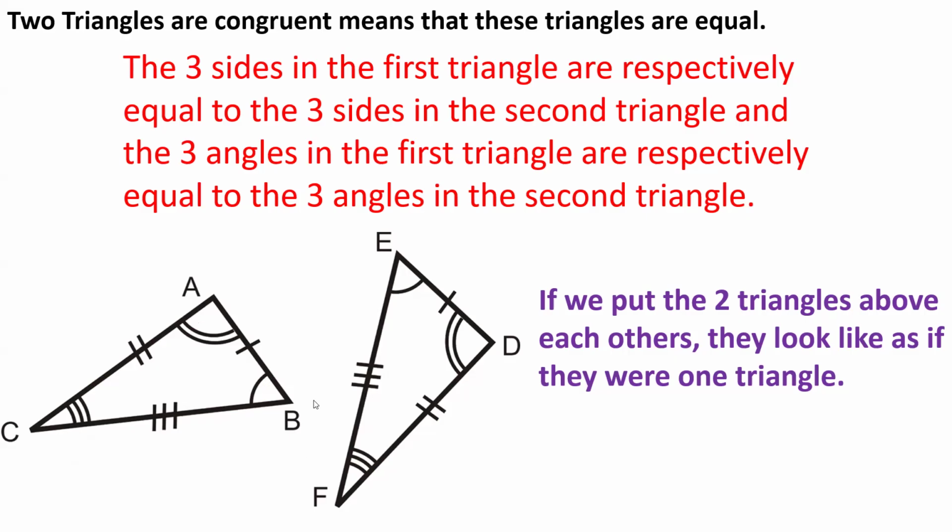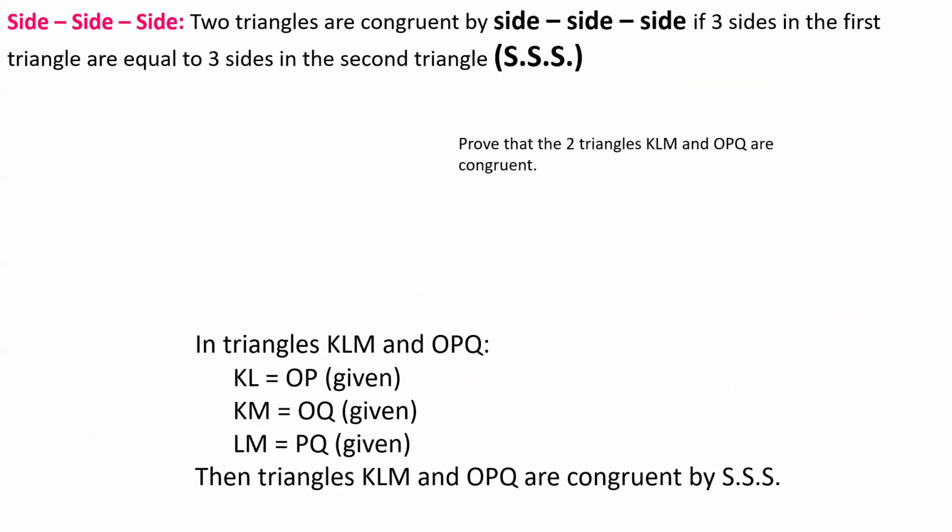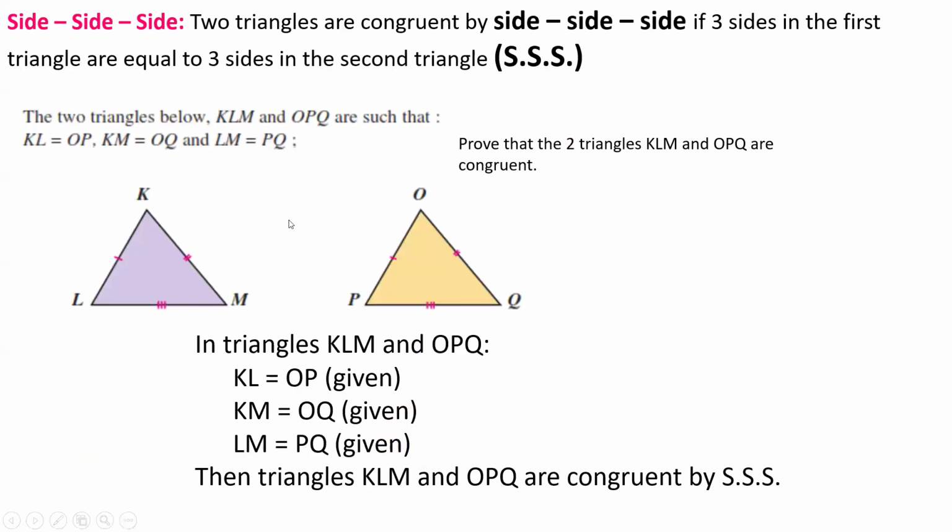And the three angles in the first triangle are equal to the three angles in the second triangle. This means that if I put these two triangles above each other, they will look like one triangle only.